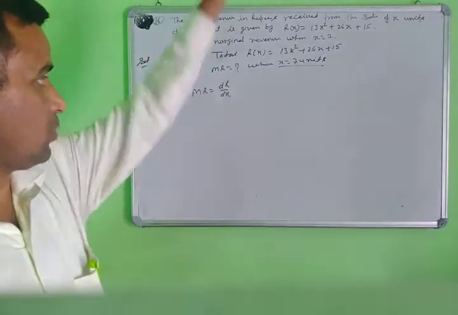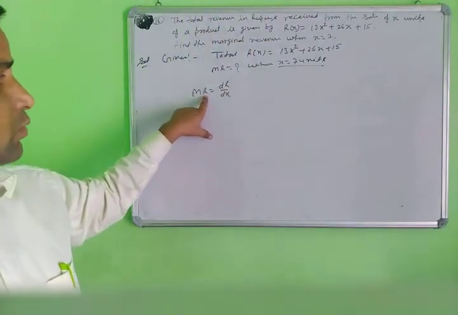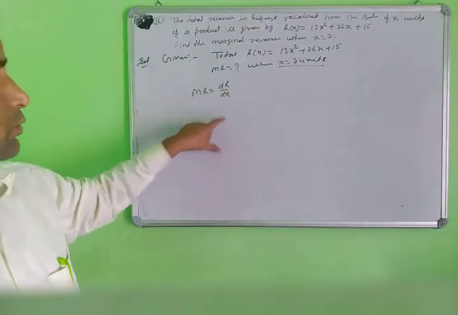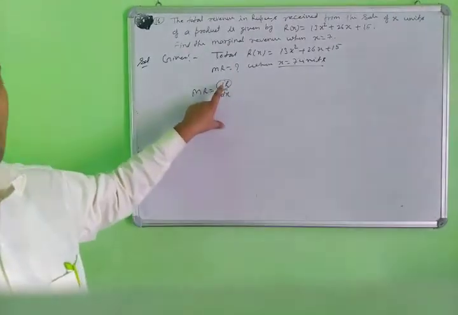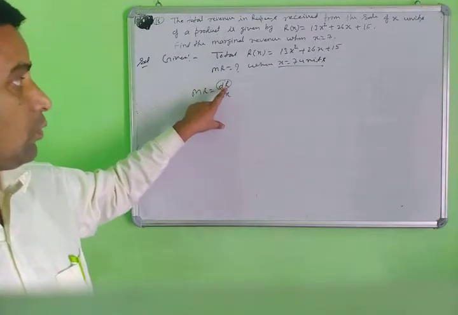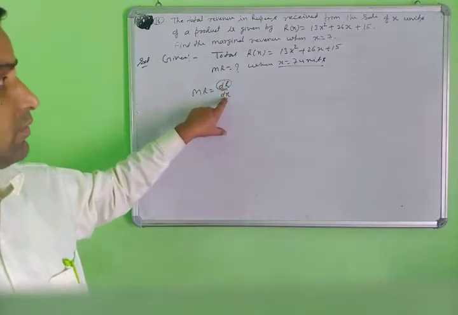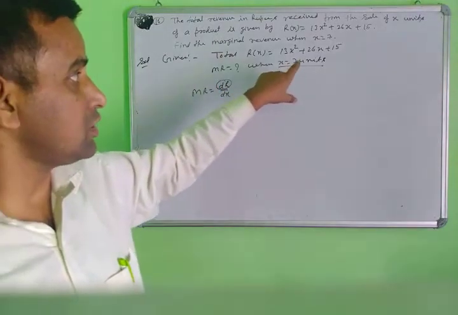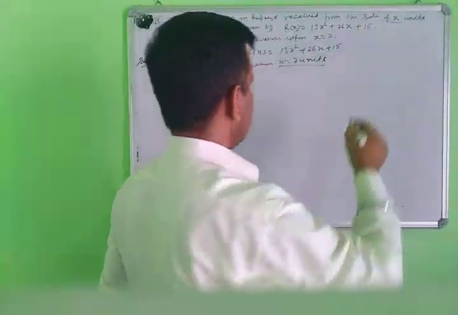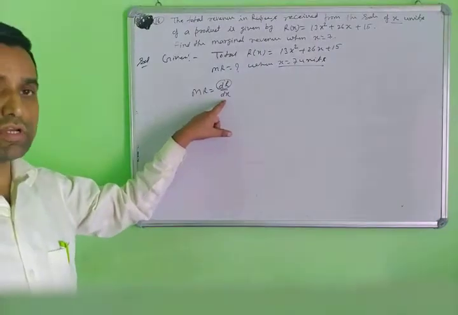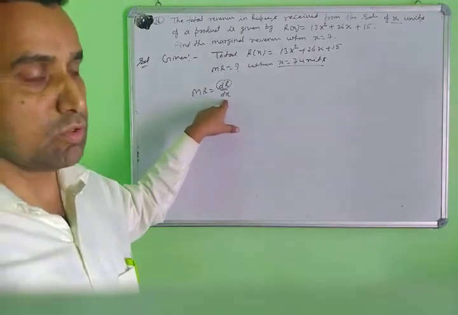Then you look here, marginal revenue equals dR upon dx. What do you mean by dR here? The rate of change of the total revenue with respect to the number of units sold, x. How many units are sold here? x. The dx means the number of units sold.